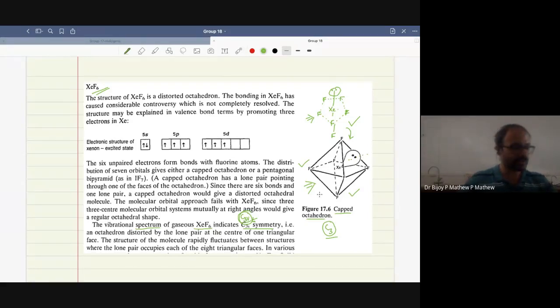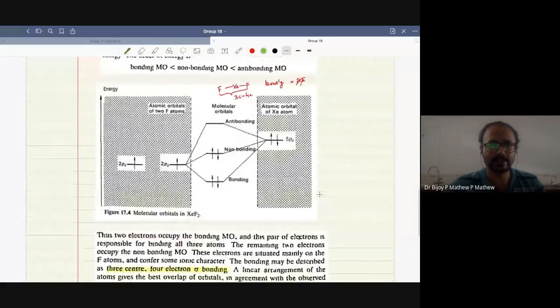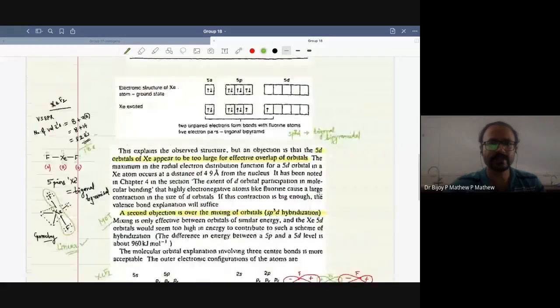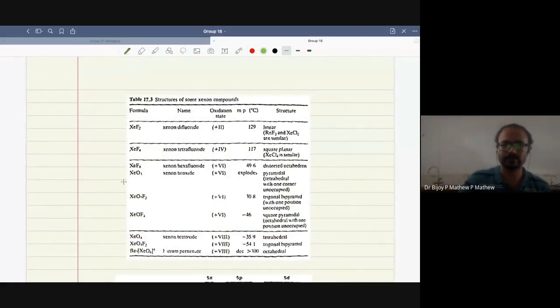For the rest of the oxides and the other structures, I want all of you to use VBT and VSEPR to find the corresponding structure. This table you will find in J.D. Lee. You have all the xenon compounds here and their corresponding structure or geometry.